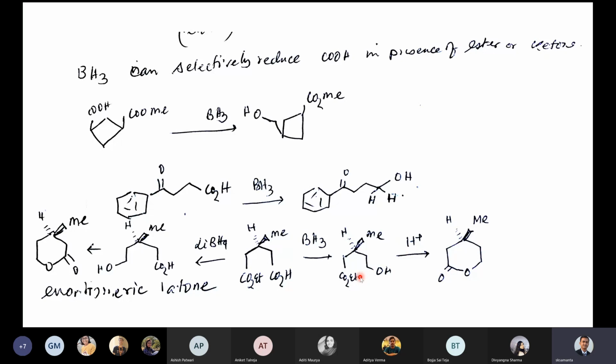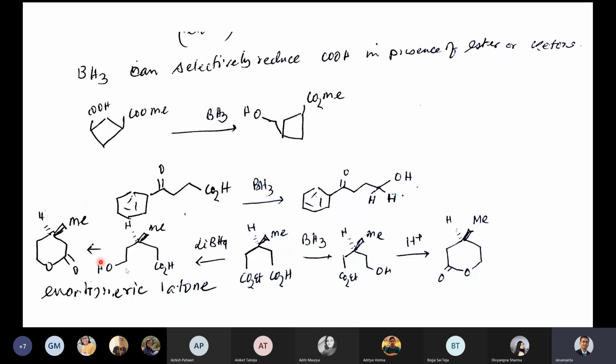right? But now if you have this compound, if you are reducing with lithium borohydride, which can reduce the ester mostly, okay, then the ester will be reduced easily to form this CH2OH. And again, if you add acid here, the trans esterification will happen.